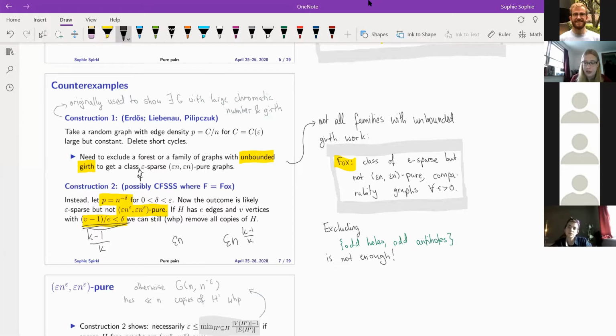They're comparability graphs, which means they're perfect. So if we exclude odd holes, which is certainly an infinite family with girth going towards infinity and unbounded, then that's not enough to get linear size pure pairs. And also, we can throw in odd antiholes for free and still we won't get linear size pure pairs.